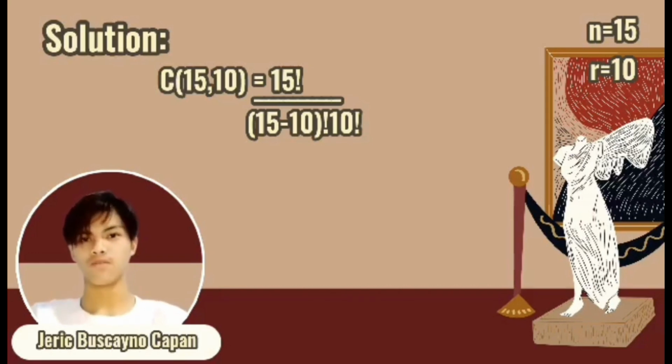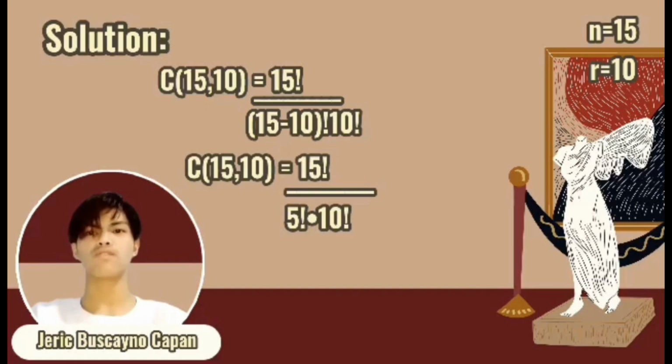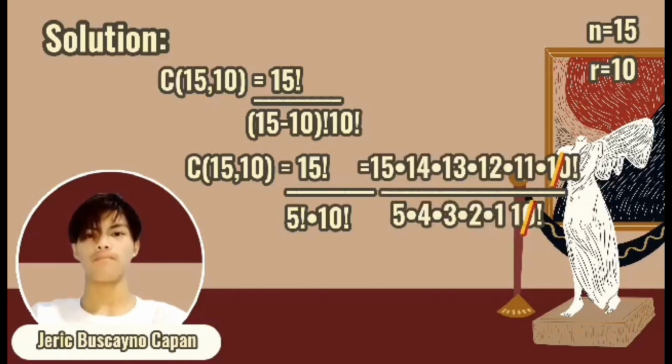times 10 factorial. Evaluate the equation, then compute the operation inside the parentheses. So, we have 5 factorial. Now, we have 15 factorial over 5 factorial times 10 factorial. Expand both the numerator and denominator. Then, cancel 10 factorial both in the numerator and denominator.